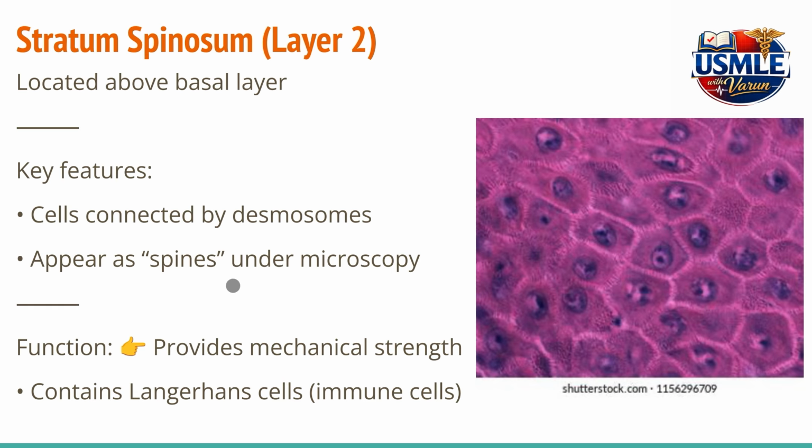If these connections are disrupted, cells lose cell-to-cell adhesion, which becomes a predisposition for blistering diseases.